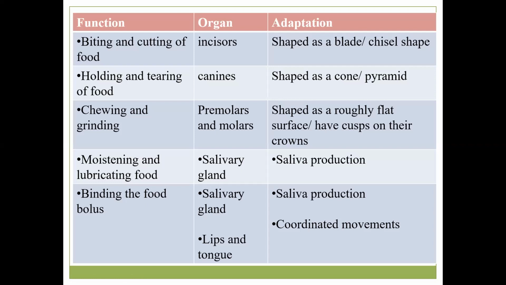And then, apart from these things, we have salivary glands in our mouth. So they produce saliva. This saliva is used to moisten and lubricate food.